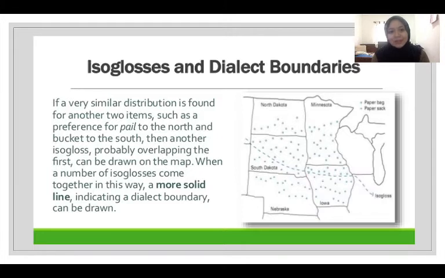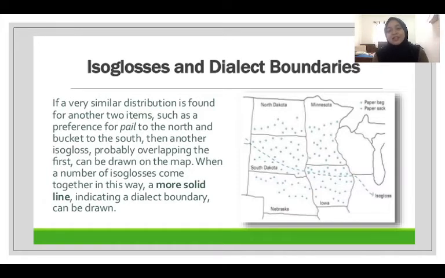dialects. For example, there is a preference for pail in the north and bucket in the south. So people in the north side of the United States use the word pail, but those living in the south use the word bucket.